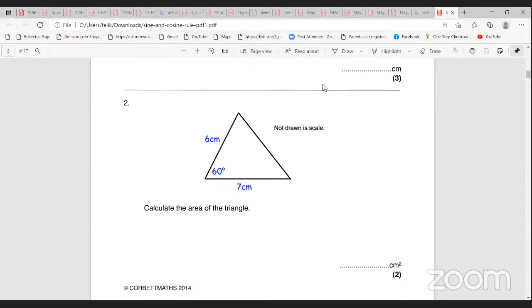Because it says two sides and the included angle. All right, good. So let's write down the cosine rule.